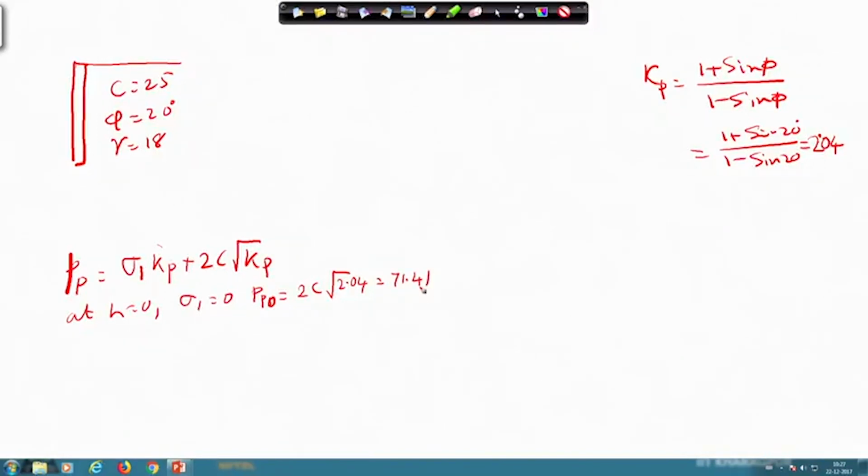That value is 71.41. At h equal to 4 meter, sigma 1 will be equal to 4 into 18, equal to 72.